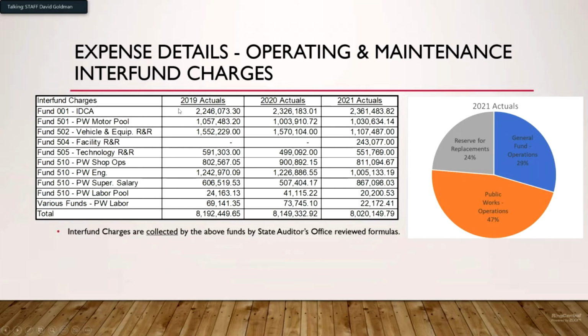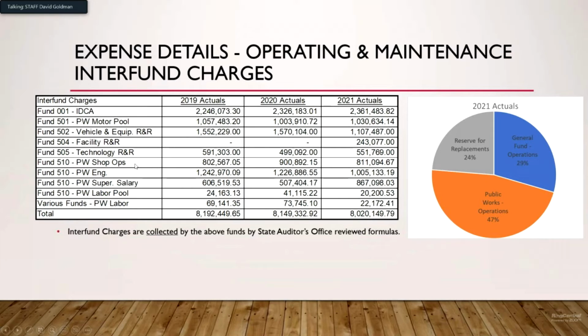The general fund is this one, the IDCA, the indirect cost allocation. That percentage amounts to about 3.85 percent of all the expenses in all the funds. And that's about 29% of all the interfund charges. And 47% are the other funds, our Public Works Motor Pool, Fund 510 and 501, and the four components of Fund 510.